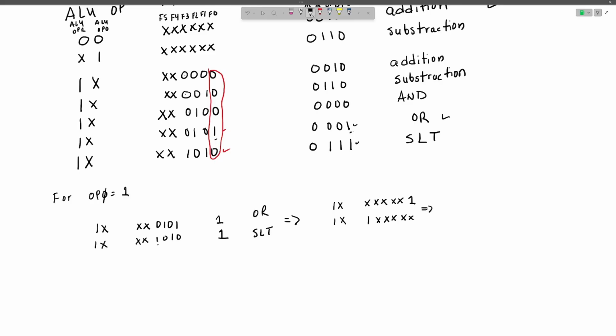So if we want to derive those equations, then for the first one we have ALUOp 1 AND F0. And for the bottom one it's ALUOp 1 AND F3. I'm sorry, it's this one.